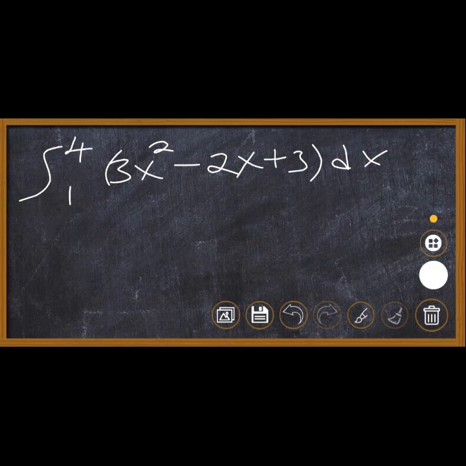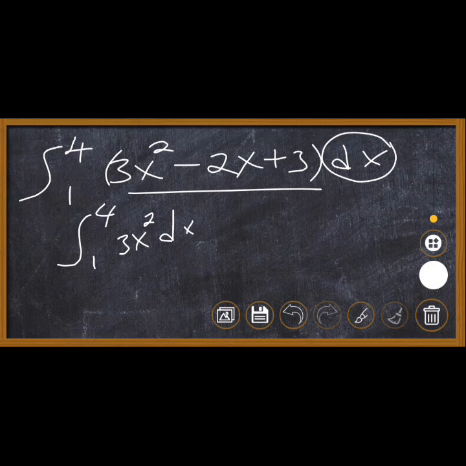It's very simple. We have already discussed how to integrate this, so you can go further and integrate that function. Remember what we did: you integrate throughout. So the integral from 1 to 4 of 3x squared with respect to dx, minus the integral from 1 to 4 of 2x with respect to what?